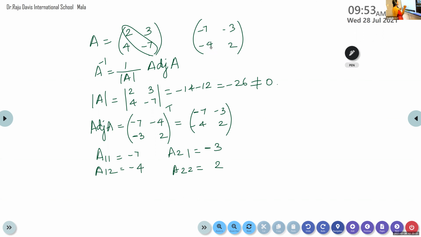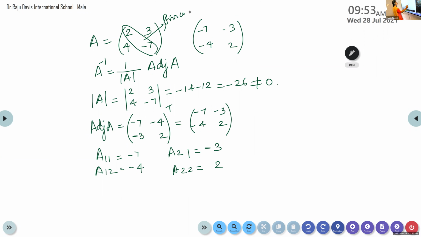Interchange the principal diagonal elements, change the sign of the non-principal diagonal. This will work out only for 2 by 2.